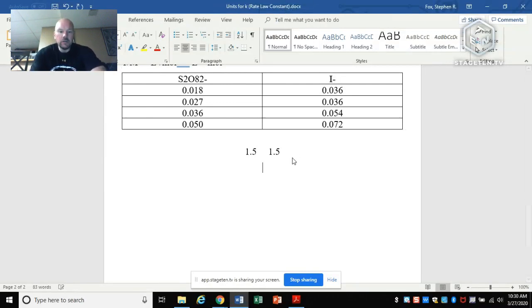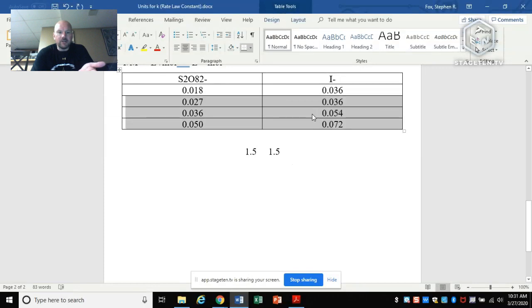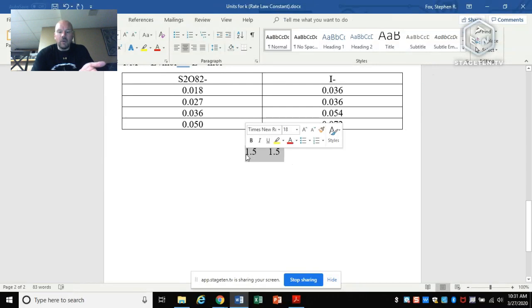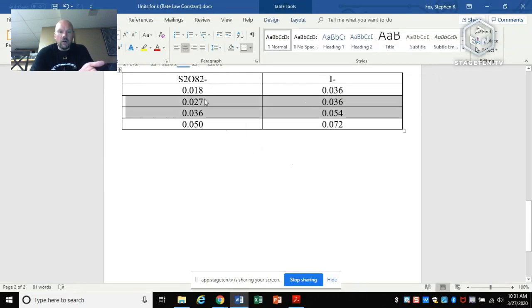Let me show you what I mean. What you would do is pick two trials where they both change. So let's compare trials 2 and 3 to each other. What is the change for the S2O8 2 minus ion?